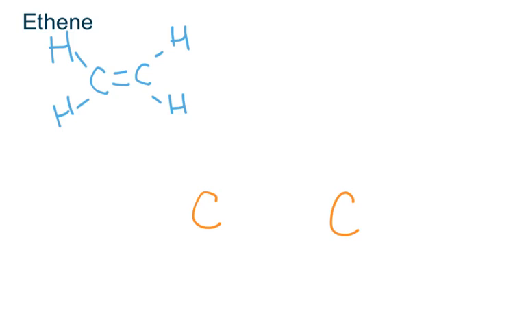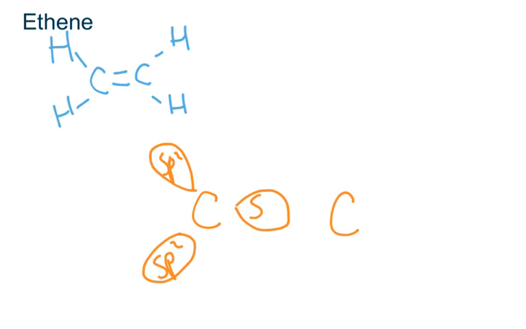So around each one of these carbons we have 3 sp2 orbitals: sp2, sp2, sp2. And around this carbon, it's all sp2 as well: sp2, sp2, sp2.